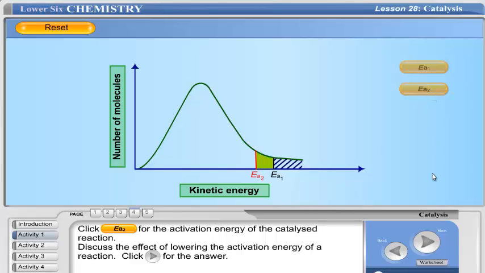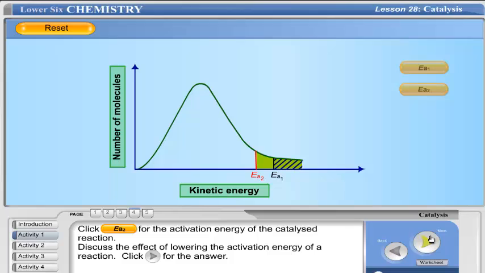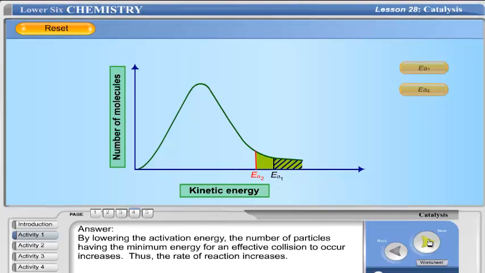Discuss the effect of lowering the activation energy of a reaction. Click Next for the answer. Answer: by lowering the activation energy, the number of particles having the minimum energy for an effective collision to occur increases. Thus, the rate of reaction increases.